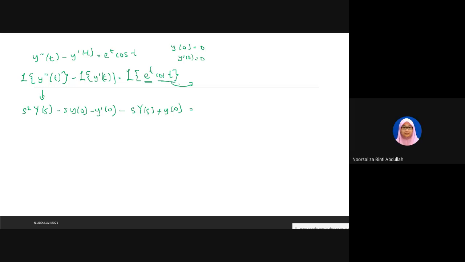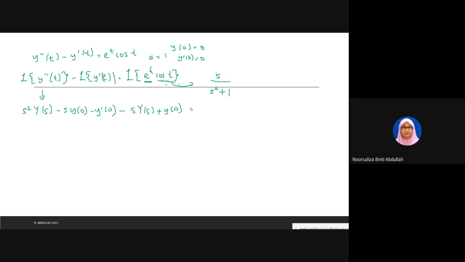So Laplace for cos t is actually s over s square plus 1. Okay, then I want to use the first shift theorem. Here we have e^t, so your a equals to 1.